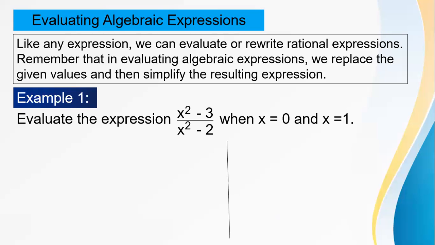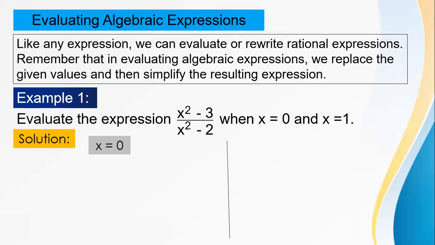Example number 1. Evaluate the expression x squared minus 3 over x squared minus 2, or it can be x squared minus 3 divided by x squared minus 2, when x equals 0 and x equals 1.